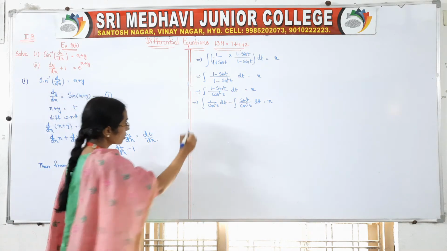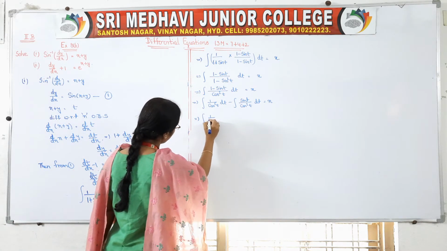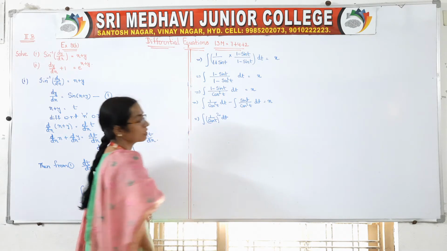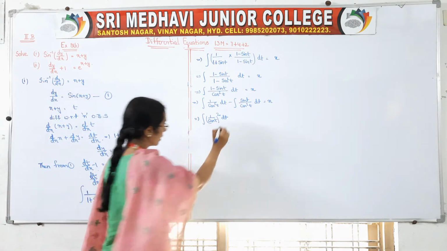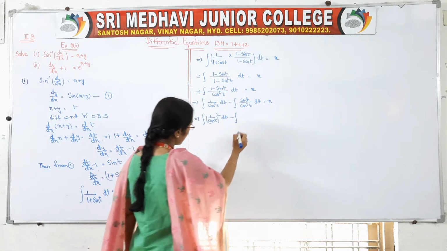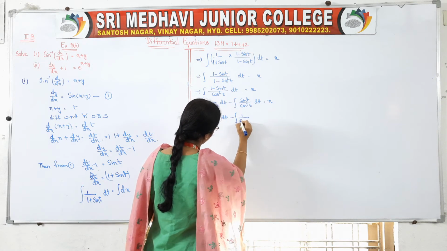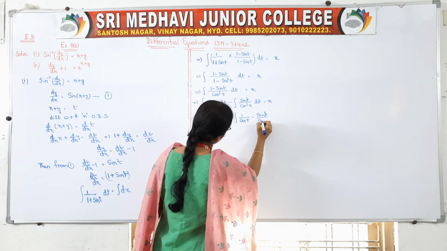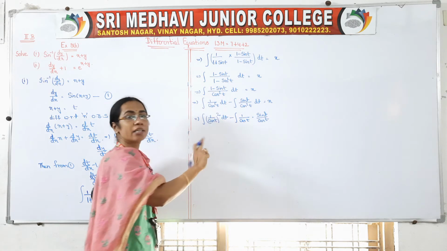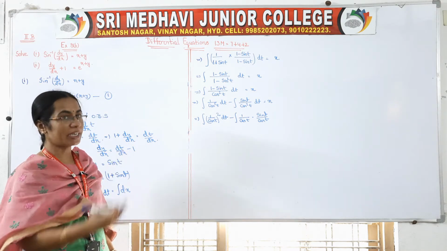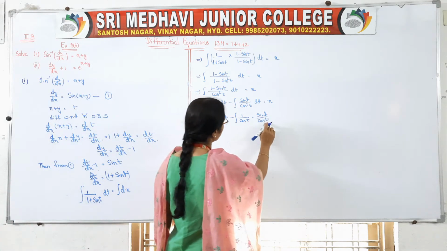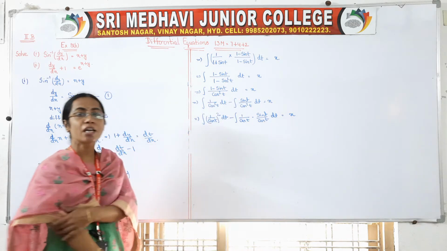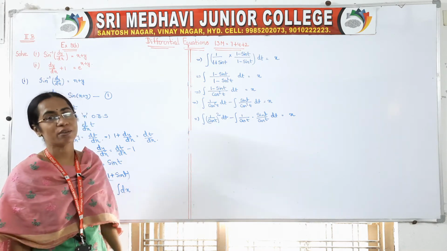So 1 by cos square t can be written as 1 by cos t whole square, and the second term as 1 by cos t into sin t by cos t dt is equal to x. Why are we doing it like this? To get into our standard formulae form.